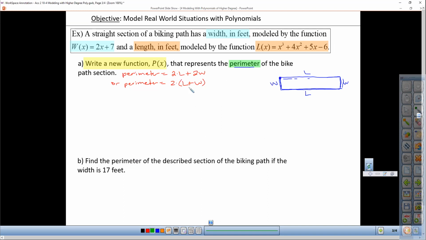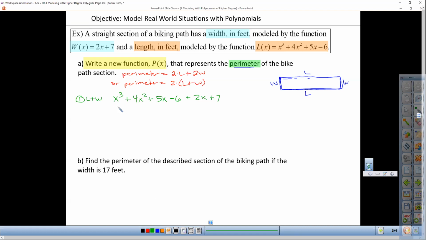In some ways, I think the second one might be a little shorter in the amount of work we do if we add L and W together first and then just multiply by 2. So that's what I'm going to do here. For my first step, I'm going to do L plus W. My L is x cubed plus 4x squared plus 5x minus 6. And my W that I'm adding to it is 2x plus 7.